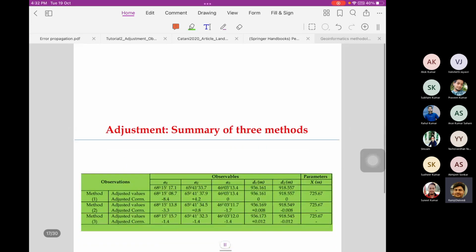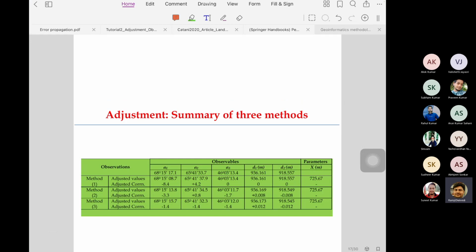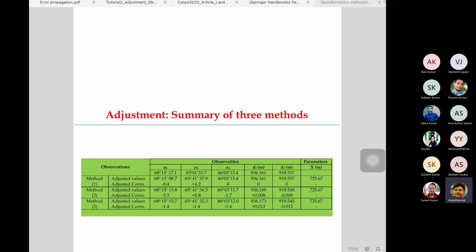So the summary is, if you apply method 1, which is fix the best and adjust the rest, you have applied corrections wherever you found it necessary because you have fixed D1, D2 and alpha 3 as best, so you will not apply any corrections.